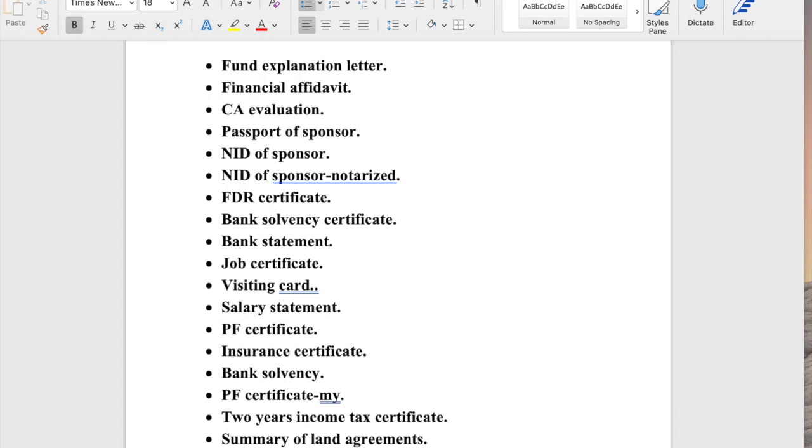In my case, I couldn't compile all of these documents together and upload them on that particular space, so I just provided the summary of the land agreements at that place. After that, I have provided the summary of the apartment agreements as well.